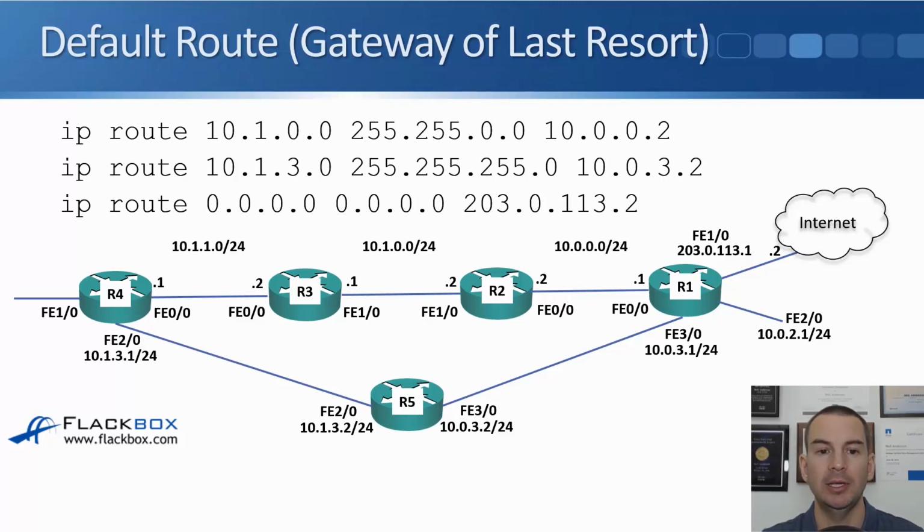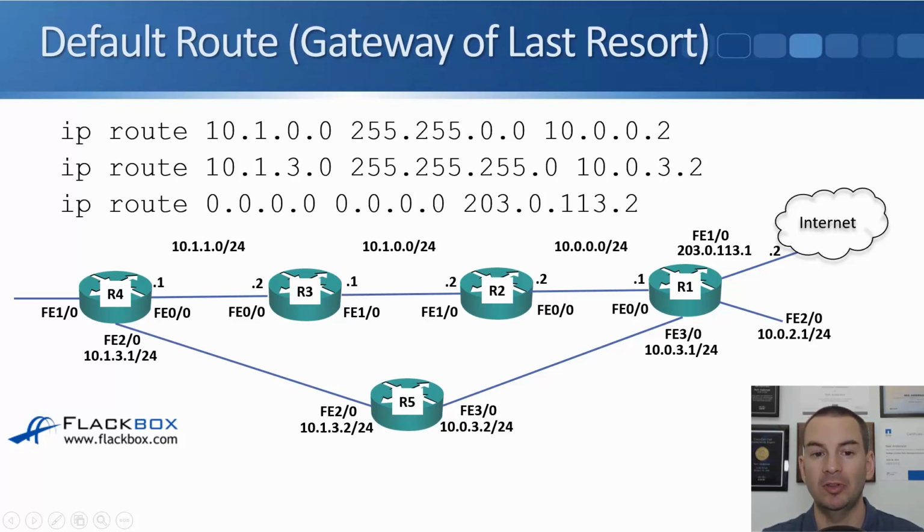So in our example here, if we send traffic to the 10.1.1 network, that will match the top route going to 10.1.0.0, and it will also match the bottom route going to 0.0.0.0, which is everything. The top route is more specific, so that will be sent to R2 at 10.0.0.2.